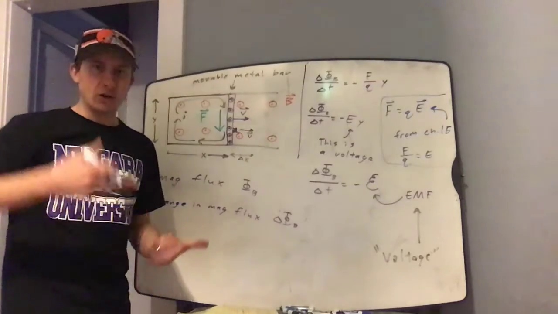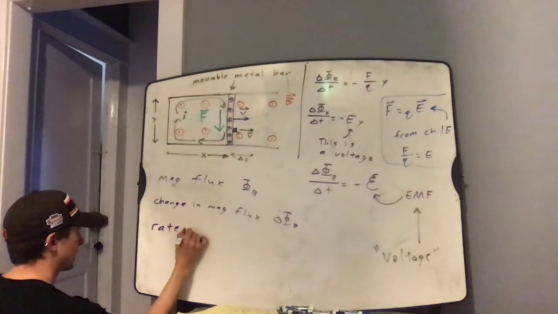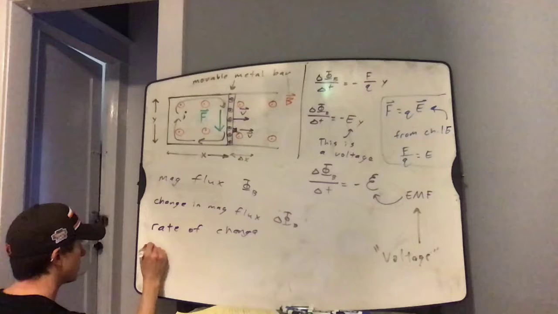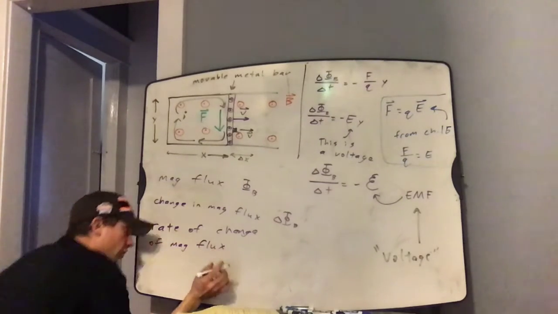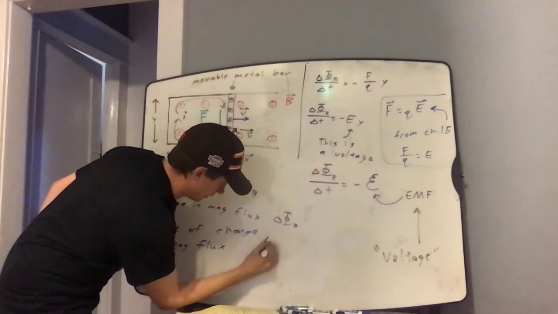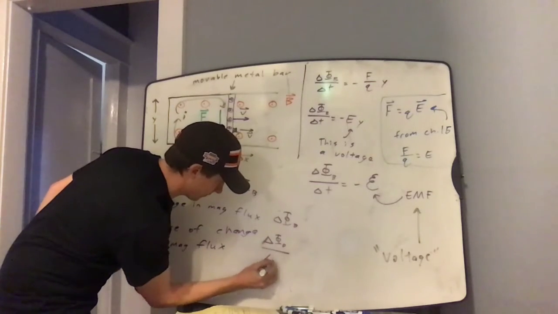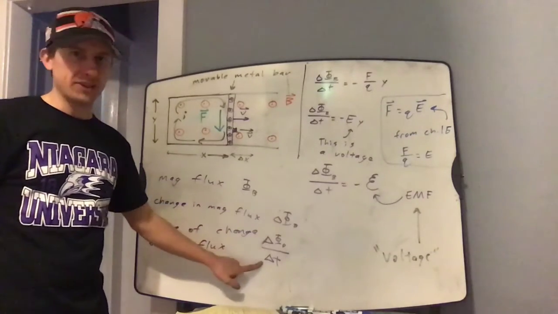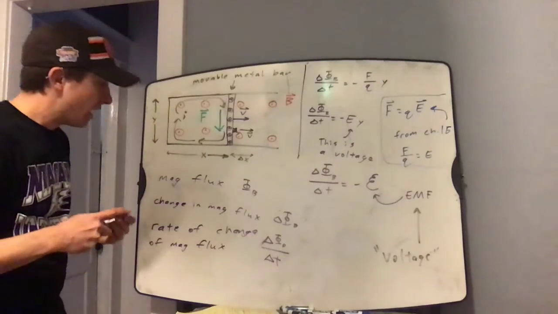And then there is a rate of change of magnetic flux, which is delta phi b over delta t. And I just want to take a moment to quickly point out these are three different things. So be careful when you're doing problems, don't mix them up.